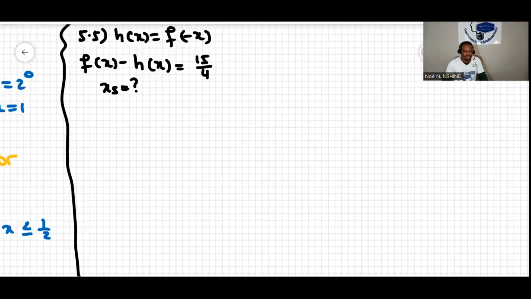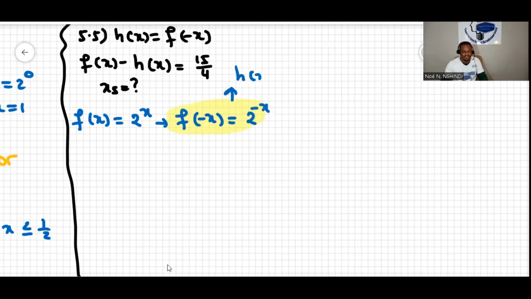Now I prefer to write it this way. f of x was given by k to the power of x, and then k we found it was 2, so 2 to the power of x. Therefore, f of minus x will be 2 to the negative x. So we know that this is just h of x.